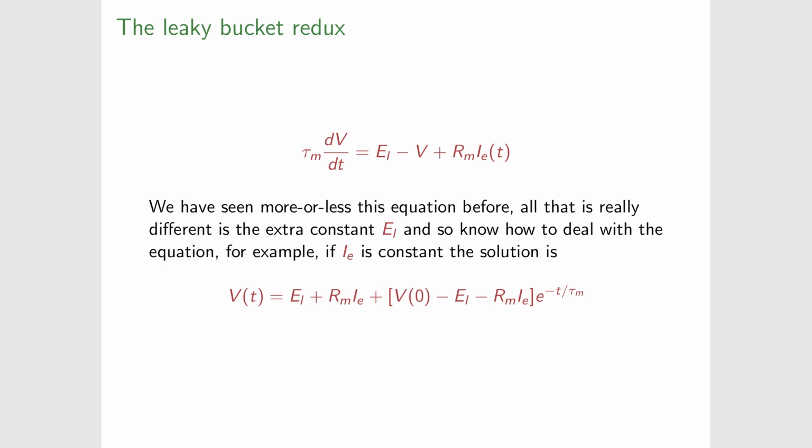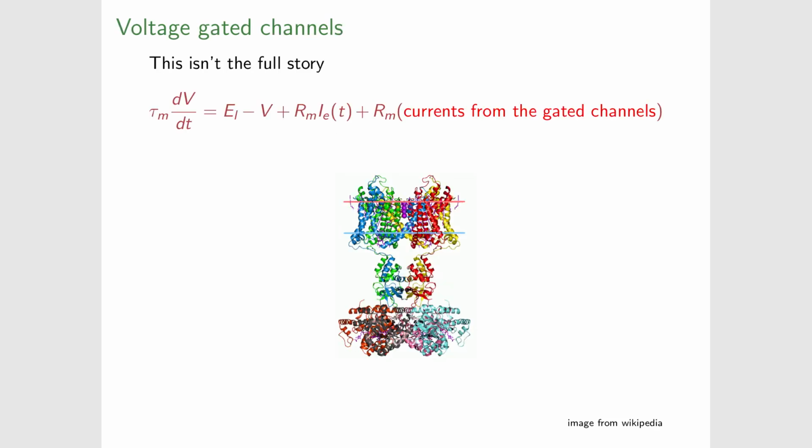So for constant input current, we'll have V of t equal to E_L plus R_m I_E, that's the constant on the right-hand side, plus V of 0, some value that we're starting off with, minus the same thing, E_L minus R_m I_E, multiplied by e to the minus t over tau_m. So just like in the case of the bucket equation, V tends to go towards some equilibrium value, E_L plus R_m I_E, and it goes towards it by exponential relaxation, according to e to the minus t over tau_m.